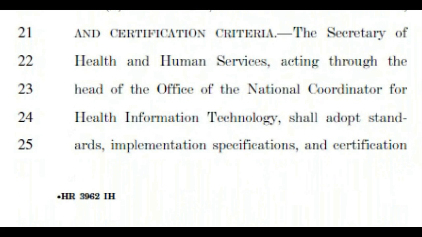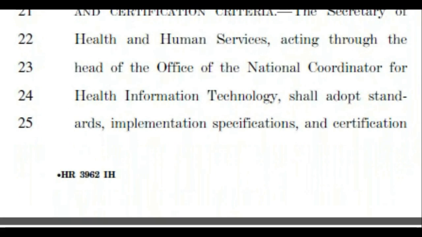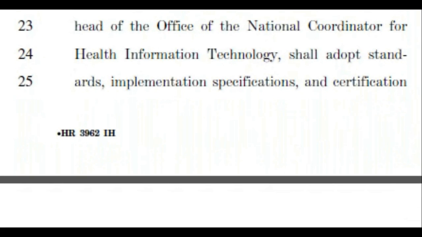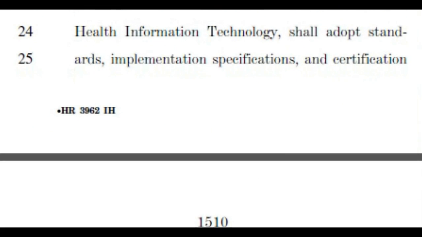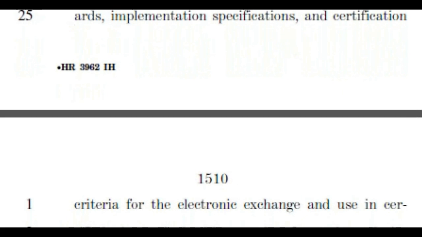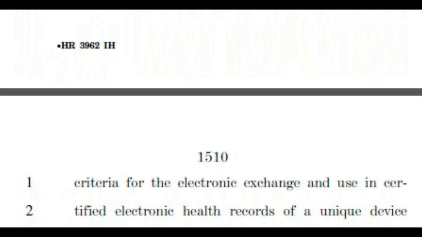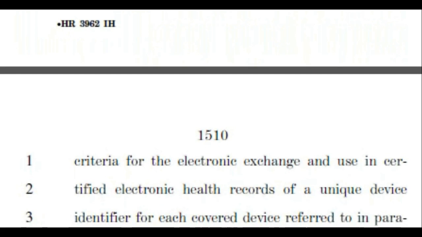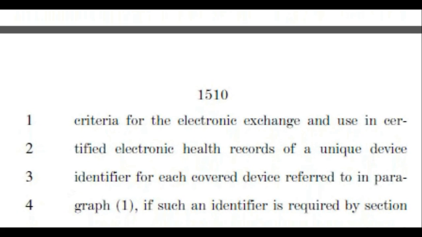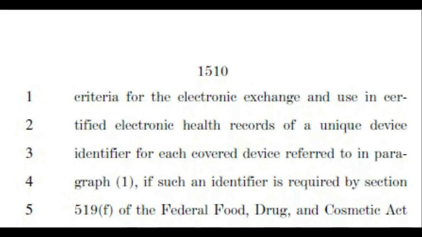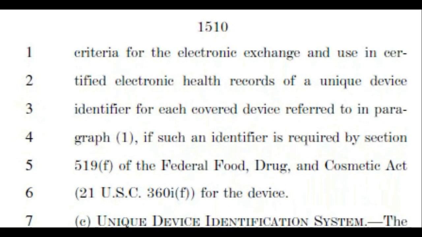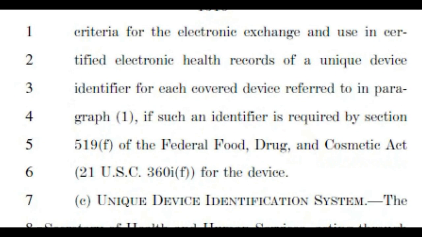(3) Conforming amendment. Section 303(f)(1)(B)(i) of the Federal Food, Drug, and Cosmetic Act (21 U.S.C. 333(f)(1)(B)(i)) is amended by striking 519(g) and inserting 519(h). (b) Electronic exchange and use in certified electronic health records of unique device identifiers. (1) Recommendations.